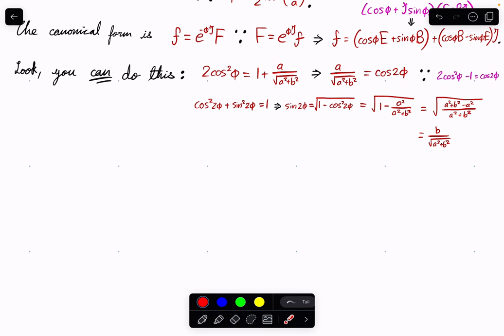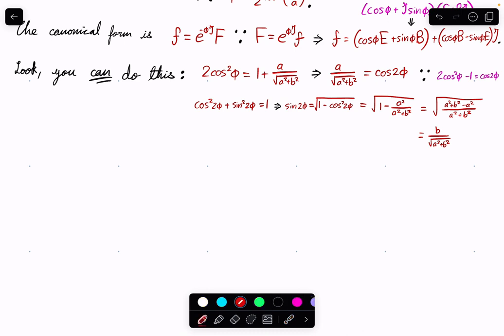So because of this assumption right up here, it turns out that you can rewrite cosine 2 phi in terms of a over this magnitude, and sine of 2 phi as b over this magnitude.